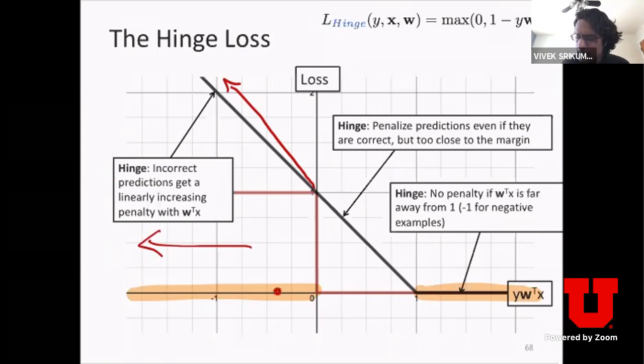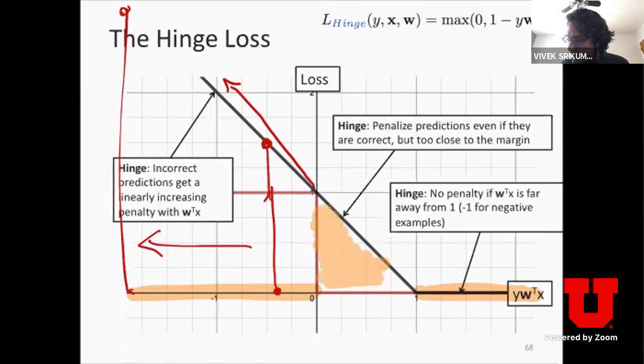So for an example that's very close to the margin but on the wrong side, the penalty would be somewhere here. For an example that's really far away, the penalty would be somewhere here. The interesting part about hinge loss is this little triangle in the middle. In that region, the 0-1 loss has no error. Essentially, it's saying, yeah, y w transpose x is positive, we're good. However, the hinge loss says, this is not good enough.